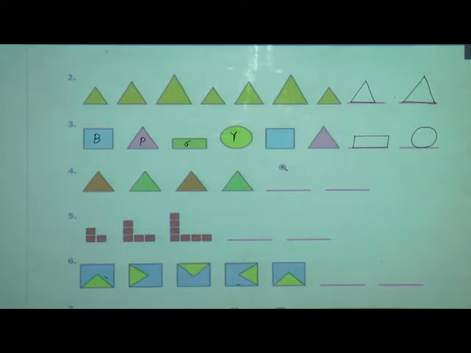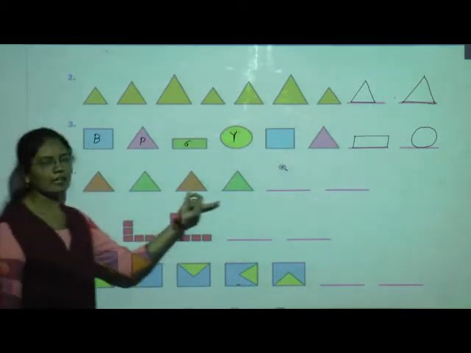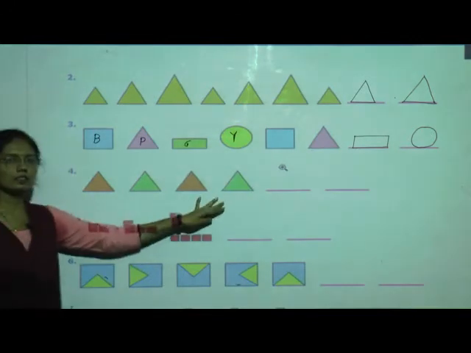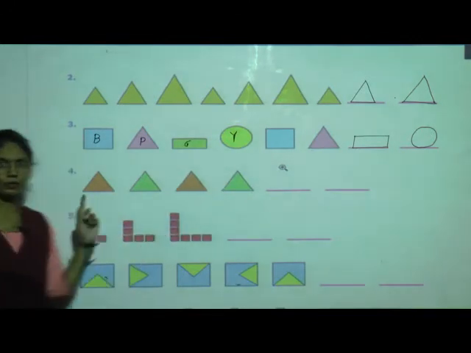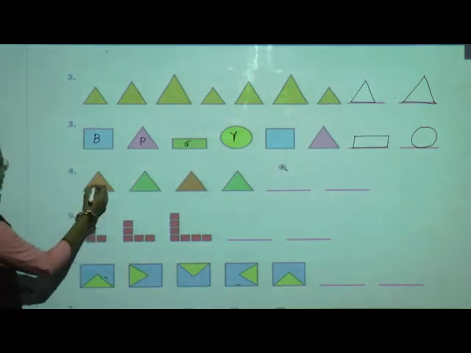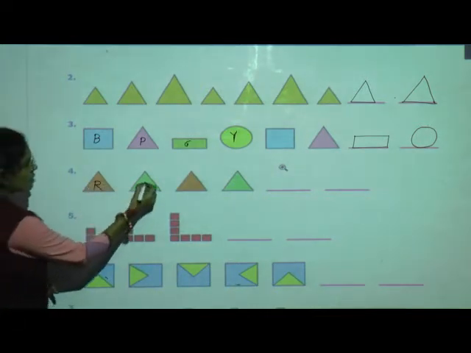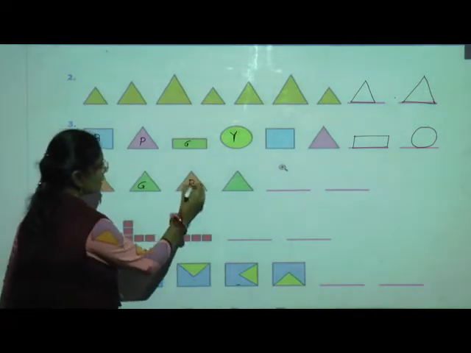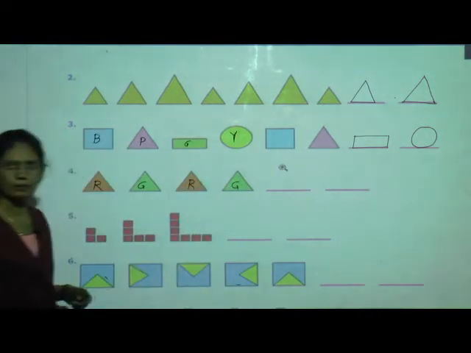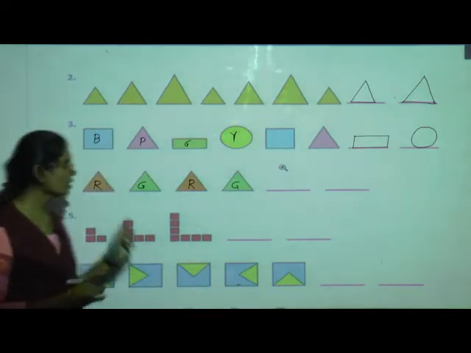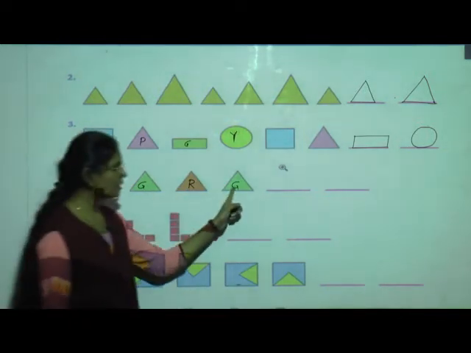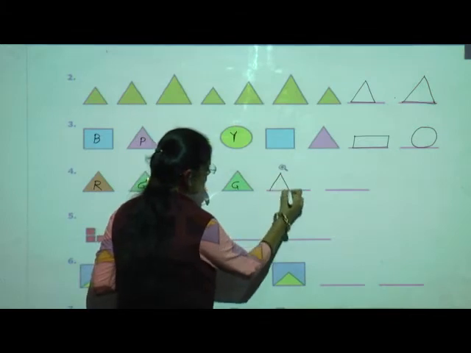Now see the fourth example. See here, triangle, triangle, triangle, triangle, all are triangles, but it is a pattern by changing the colors only. Okay, see this is red color, this is green, again red and then green. Means red and green alternate colors are there. Okay, so red, green, again here which triangle will come?